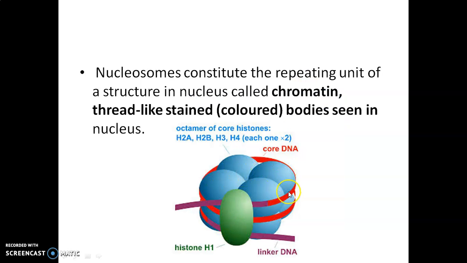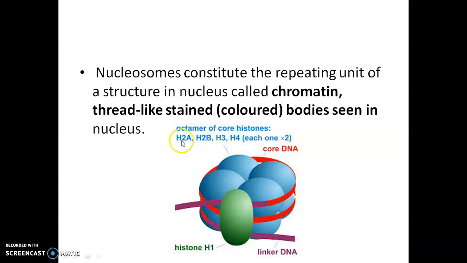This nucleosome constitutes the repeating unit of a structure in the nucleus called chromatin, thread-like stained colored bodies seen in the nucleus. Here you can see linker DNA connecting two histone bodies; in red color it is core DNA, and in blue color it is histone octamer.